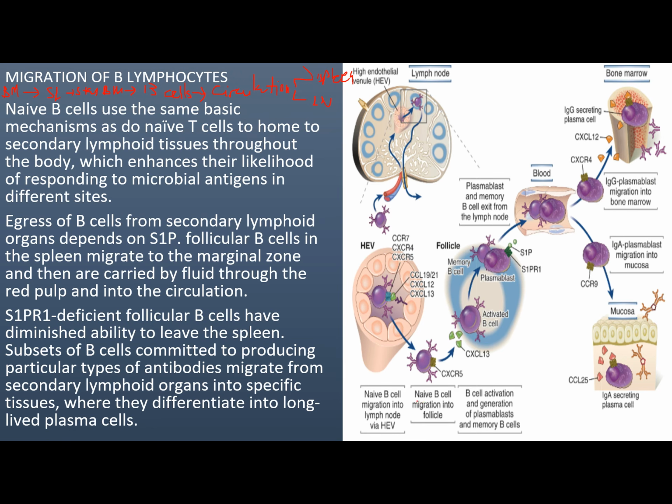Now, whenever they encounter antigen, please take note that the naive B cell would go into the follicles. In the follicle, known as the primary follicle, if they encounter an antigen, it would cause the primary follicle to generate germinal centers.